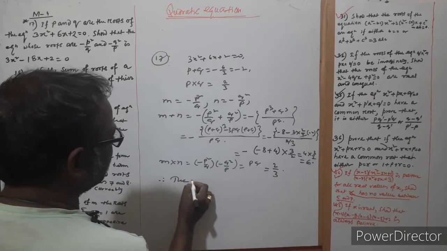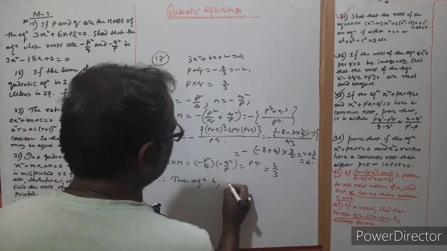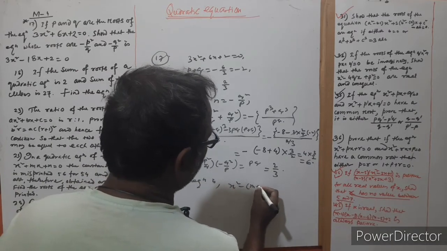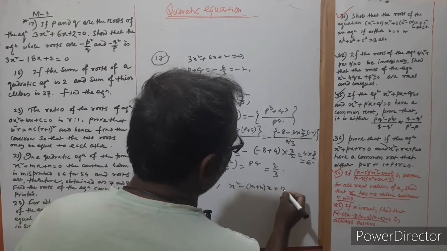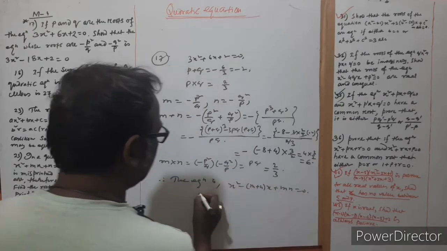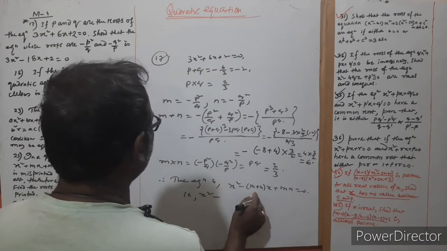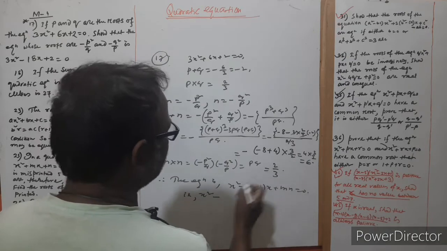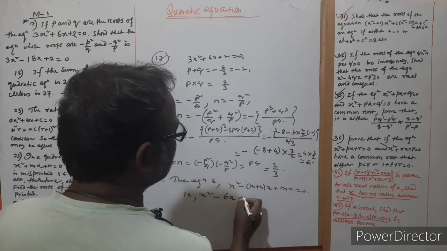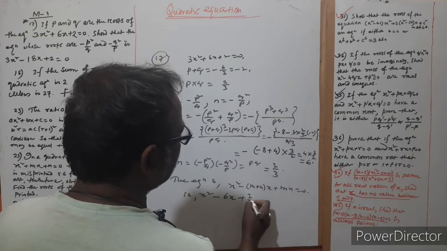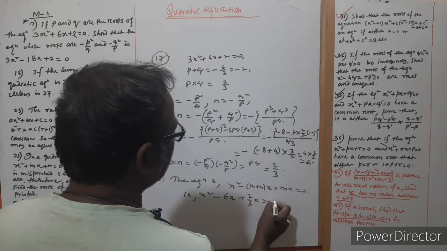Therefore the equation is x square minus m plus n x plus mn equal to 0. So x square, m plus n that is 6, so minus 6x plus mn, this is 2 by 3, equal to 0.